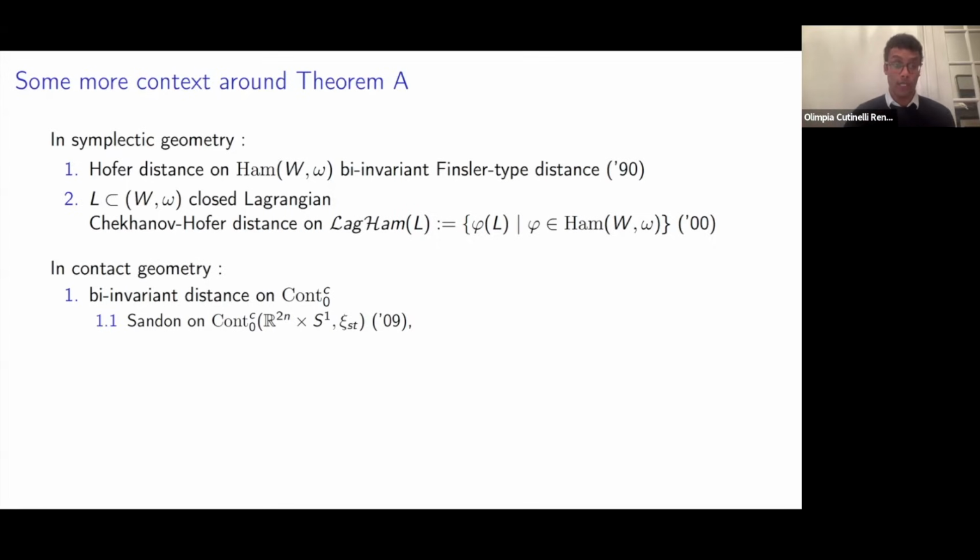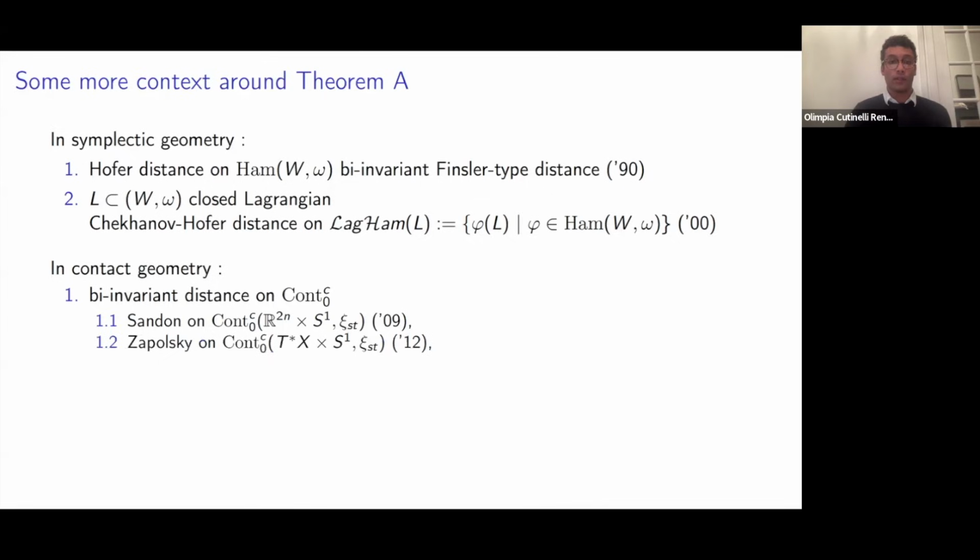So the story in contact geometry started with Sheila Sandon, who constructed an interesting bi-invariant distance on the group of contactomorphisms of R^2n times S^1. And interesting here means unbounded. This is what I mean by interesting.